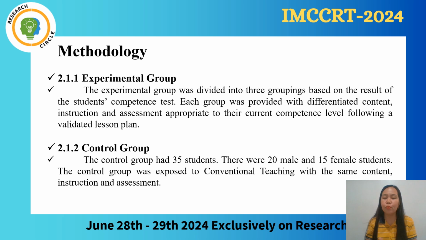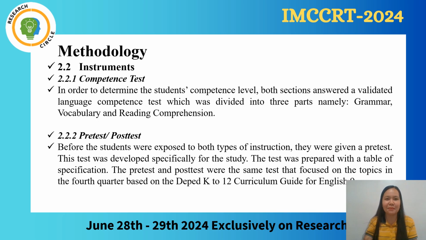Each group was then provided with differentiated content, differentiated instruction, and differentiated assessment appropriate to their level of competence, using a validated lesson plan for 6 weeks. While the control group also had 35 students, the whole class was exposed to conventional teaching, the same content, the same instruction, and the same assessment.